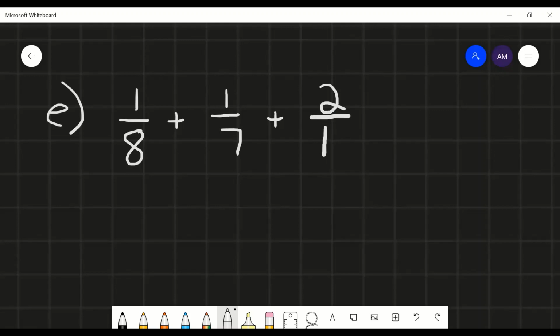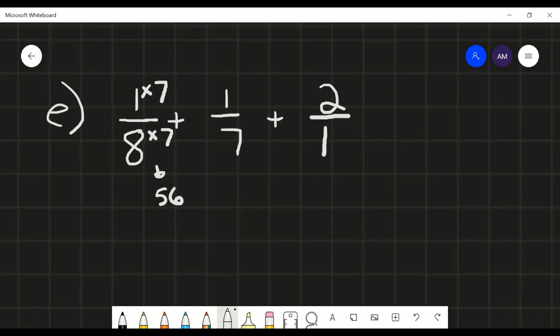Let's start by multiplying 8 times 7. Now, why did I pick 7? I'm looking at this 7. If I multiply the 8 by 7, I have to also multiply 1 times 7. So what's 8 times 7? That would be 56.